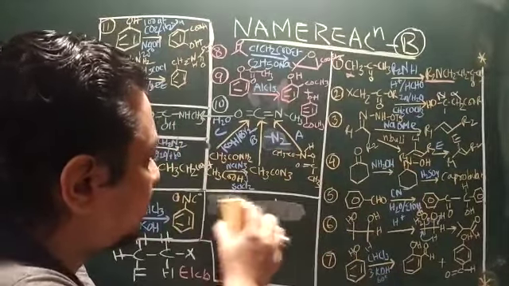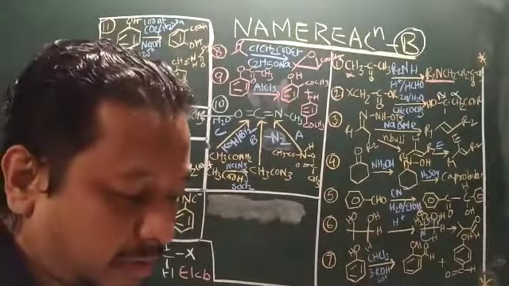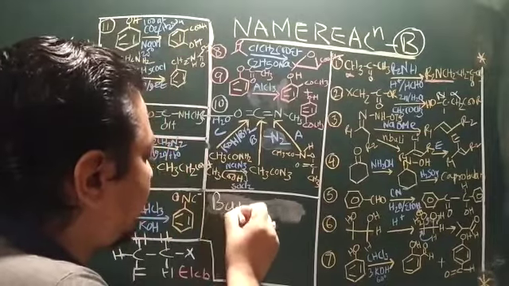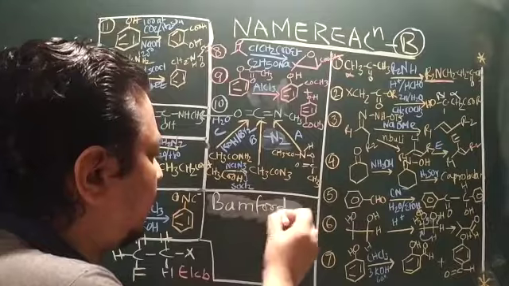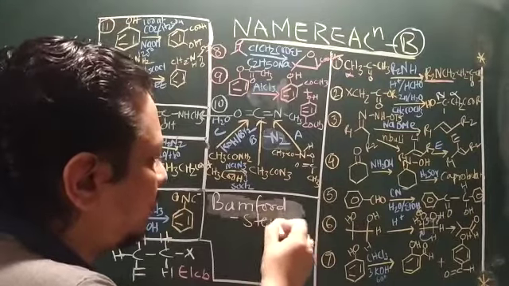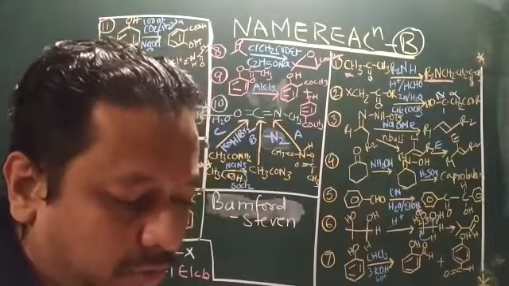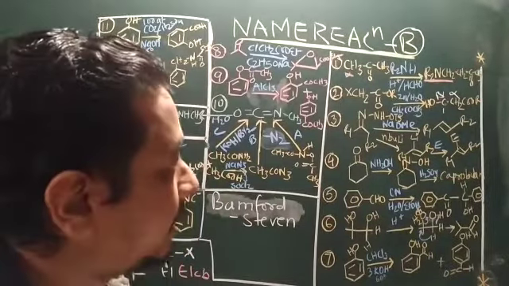Then coming to the next reaction, number 3, one of the very important reactions, known as the Bamford-Stevens reaction, where treatment of tosyl hydrazones with a strong base gives an alkene.